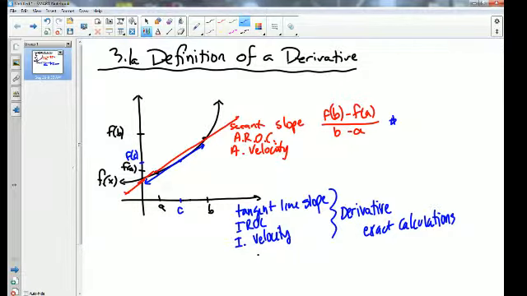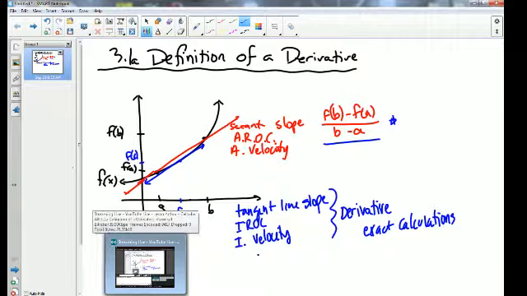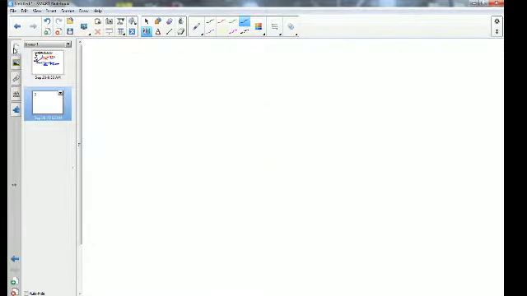They eventually become one point, and you form a tangent line. So we can use this as one of our definitions if we use a limit, because movement usually involves a limit. So let's write that down.